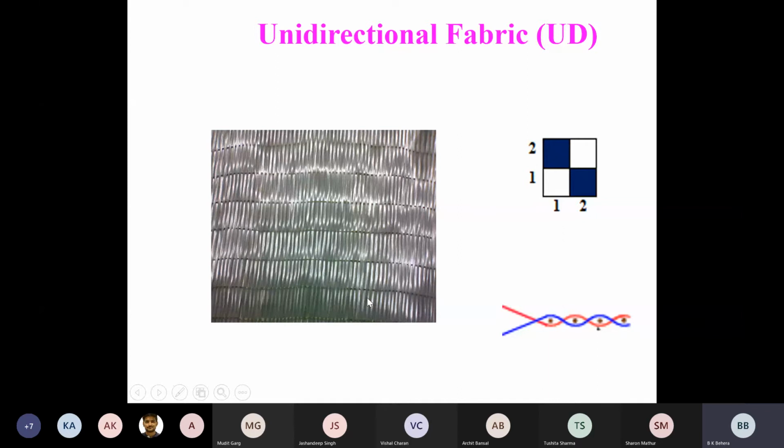Maybe in every 2 inches we have inserted one thread just to hold this structure. But from all practical points of view, from the point of view of all mechanical properties, this is a UD fabric, unidirectional fabric. All the yarns are in one direction and we represent it structurally in this manner.